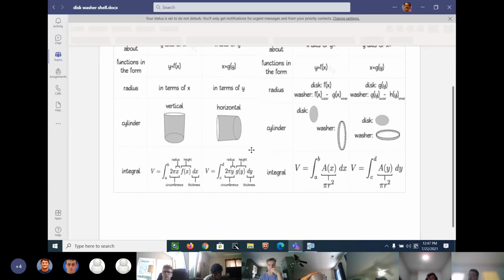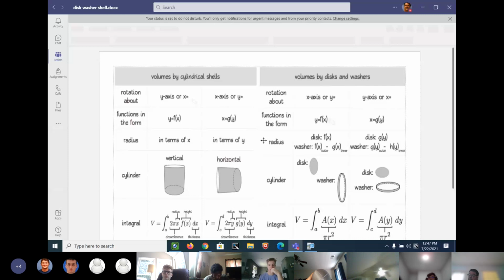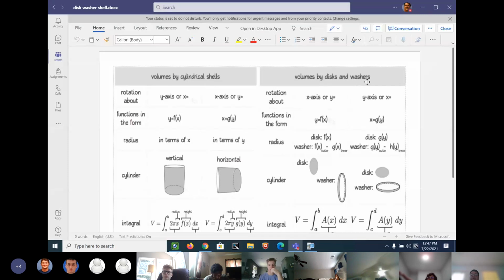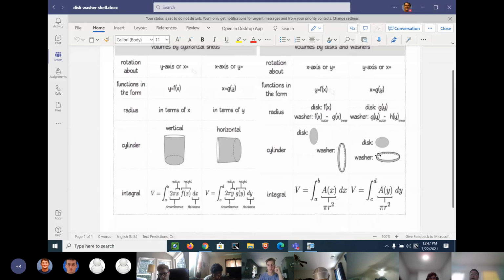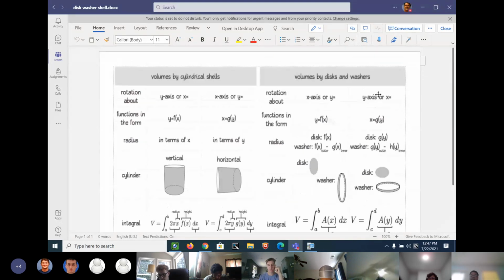Now our rectangle is perpendicular to the rotational axis. We're going around the y-axis right here. So we've got to change everything in terms of what? Y. So we got to fix everything in terms of Y.